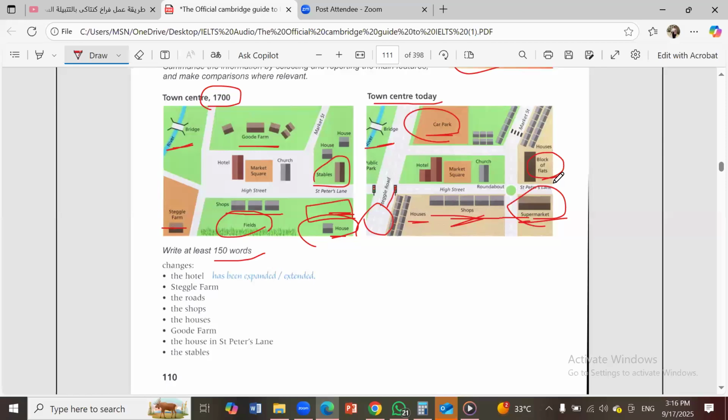So who can give us a starting sentence for this task? We need to describe this map. Give me just a starting sentence, the head sentence of your writing. What are you going to write if you have this map in task one?